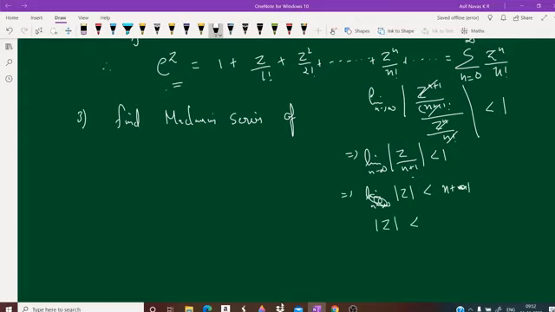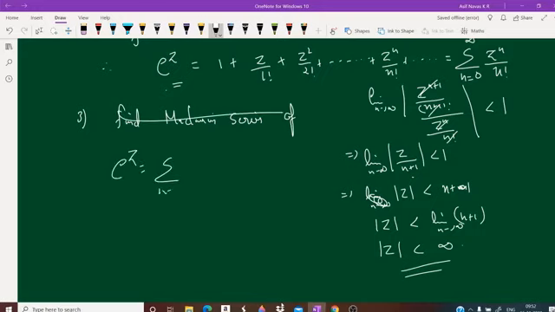This implies mod z less than infinity. So that means e raised to z equal to sigma n equal to 0 to infinity z power n by n factorial is valid everywhere, for any z.